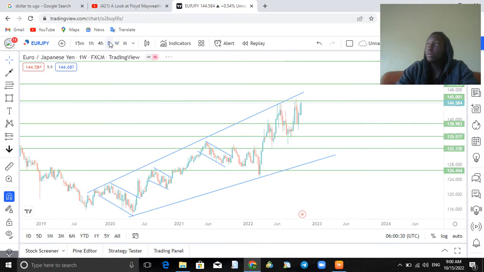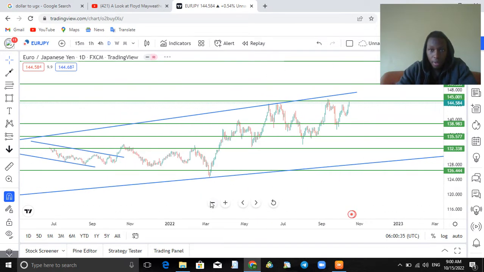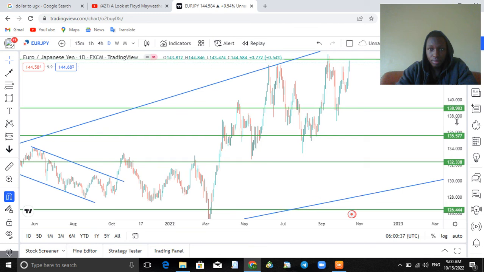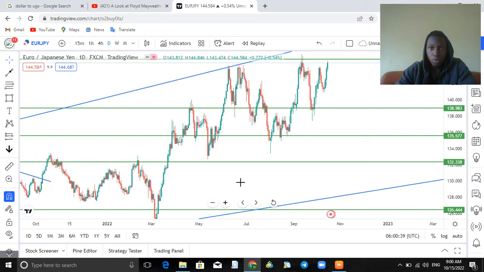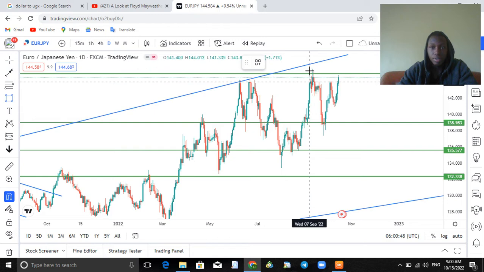So now we are going to scroll down to the daily time frame. In the daily time frame, you are also going to see what the market is trying to show us. We'll start by drawing our resistance trend line, a resistance zone.